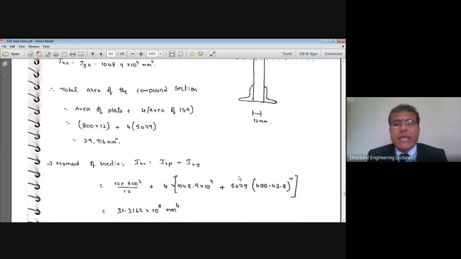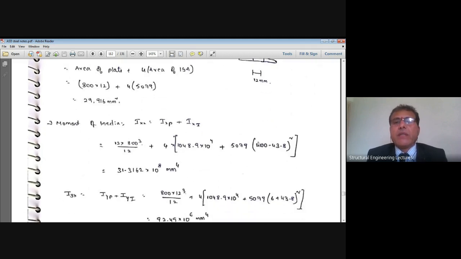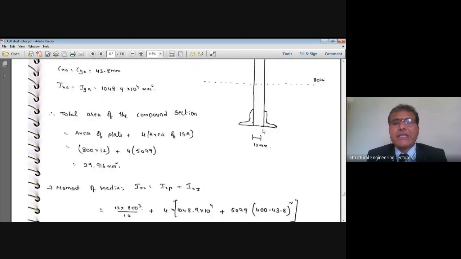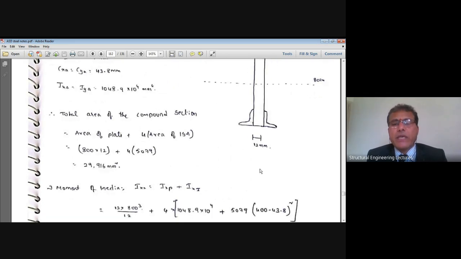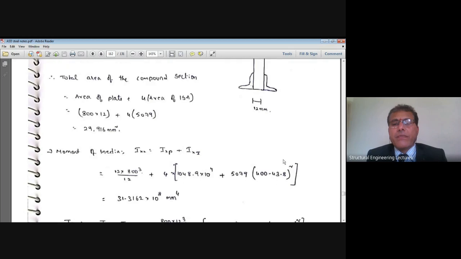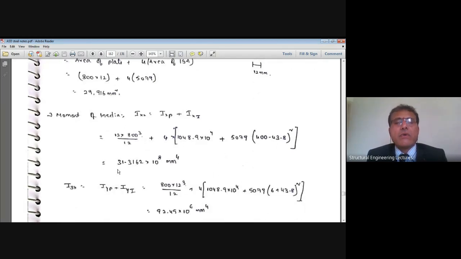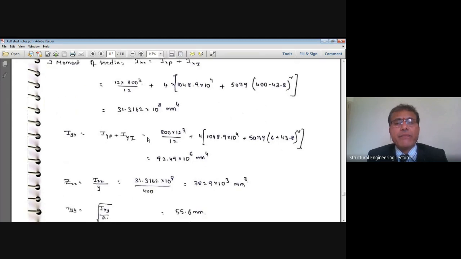Therefore, I'm doing that using Ah square. Area of each section is equal to 5079 mm square, multiplied by the distance, not depth, h, which is nothing but this 400 minus this Cxx equal to 43.8. That is how Ah square works out now. It is 31.3162 into 10 to the power 8 mm to the power 4, the moment of inertia about the major axis of bending.